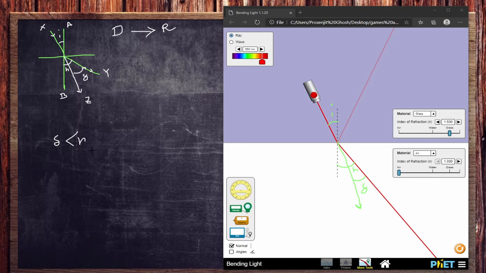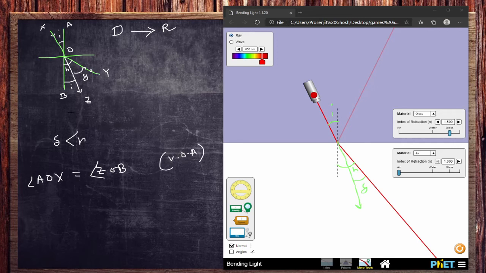If delta is less than R, then if we find the vertically opposite angle, we can say that AOX, this should be O, is equal to ZOB. These are vertically opposite angles.